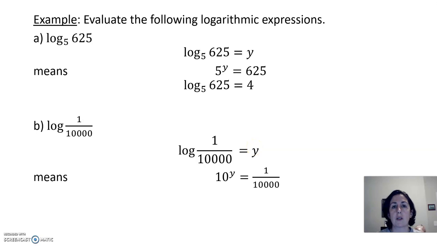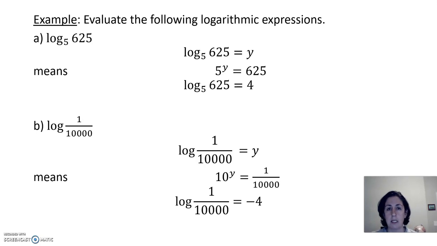Notice that the 1 over 10,000 is in the denominator. The only way you can take 10 to a power and move it down below is if this exponent is negative. So we can ask ourselves, 10 to what power is 10,000? And you'd say 4. So then 10 to what power is 1 over 10,000? That would be negative 4. So the exponent we are looking for is negative 4.